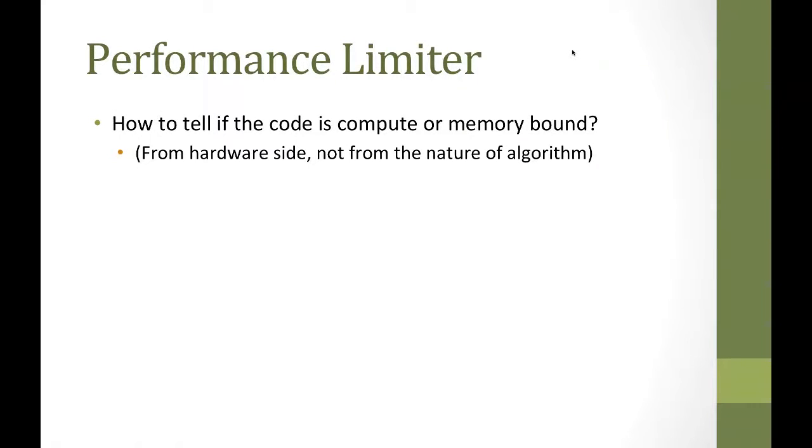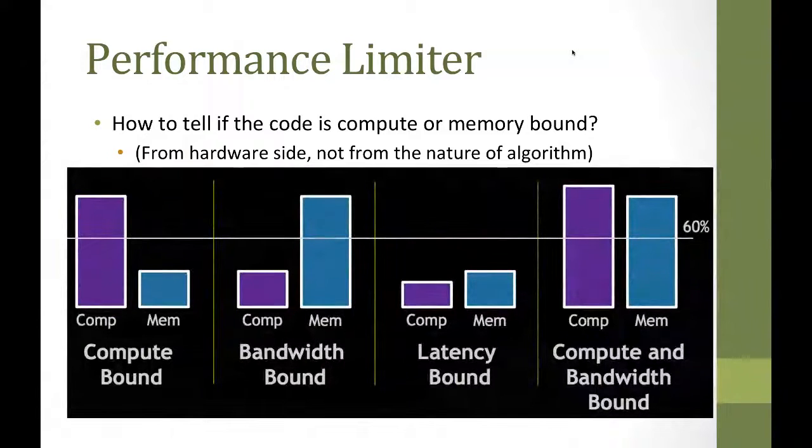Okay, so the performance limiter is something we use to tell if the code is compute or memory bound, or if latency bound. So look at this graph. A typical compute bound program will show a high compute utilization, but relatively lower memory utilization. A typical memory bandwidth bound will show the opposite, will show relatively higher memory bandwidth utilization.